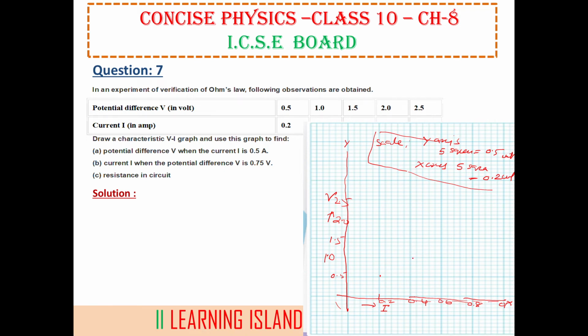When the voltage is 1, the current is 0.4. Again, when the voltage is 1.5, the current is 0.6. When the voltage is 2, the current is 0.8. When the voltage is 2.5, the current is this. So if I join these points, we are getting this.